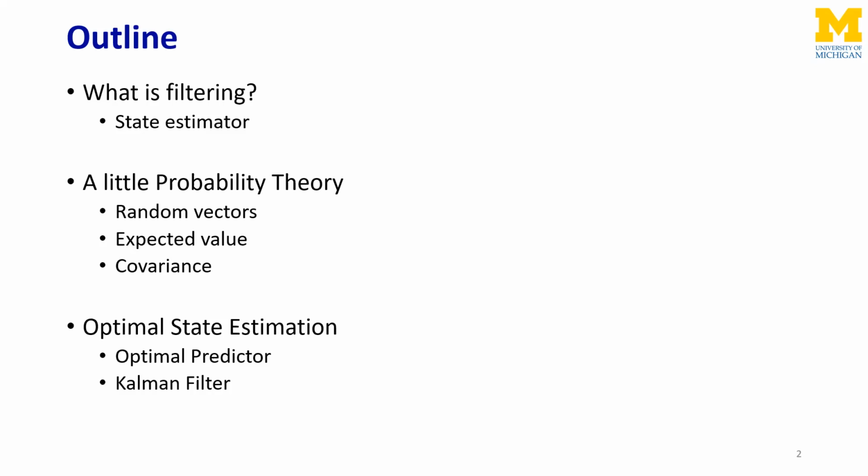So we'll go through a little bit of random vectors. I'll talk about what the expected values are. I'll also discuss what covariances are and what exactly we need in probability theory to derive the Kalman filter. And then I'll talk a little bit about optimal state estimation. I'll focus on the optimal predictor today, and the Kalman filter will come in the next lecture.